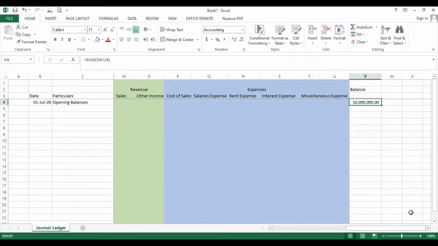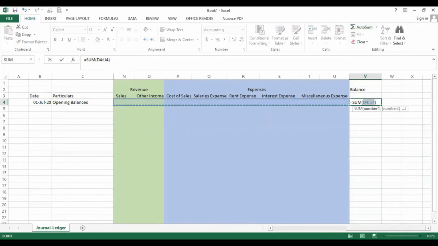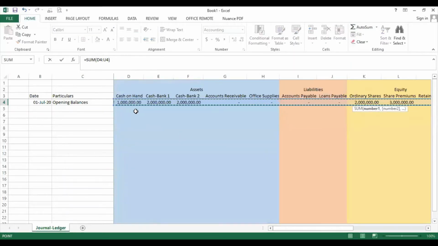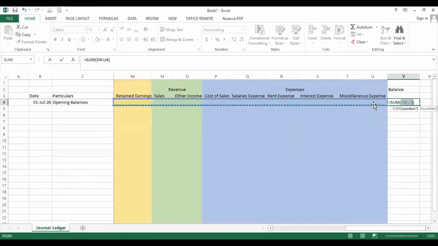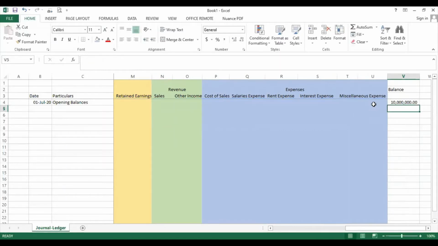Again, to make it clear, you have auto sum. And once you click the auto sum, it captures the sum of our cash on hand up to the sum of miscellaneous expense. Then click enter.